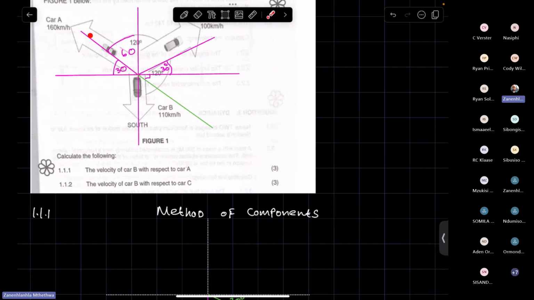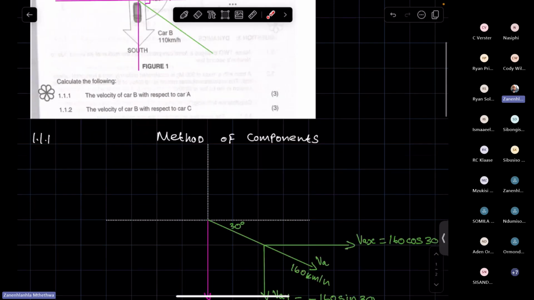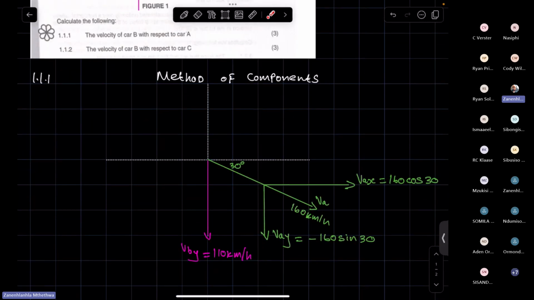But because we regard A as our frame of reference, we have to draw it in a direction opposite the one we've been given. Are we clear here? That is why this vector is going in this direction. Why? Because it is the frame of reference. Are we clear here?